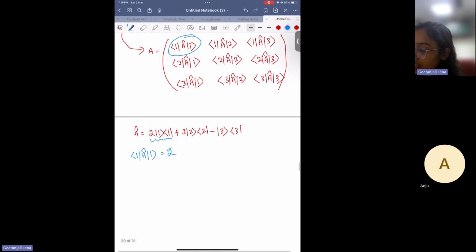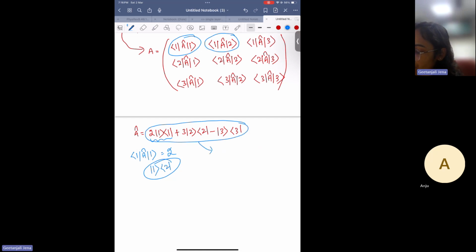Similarly, if you want <1|A|2>, the second term, you have to look at this expression, where you see only |1><1|, |2><2|, and |3><3|.